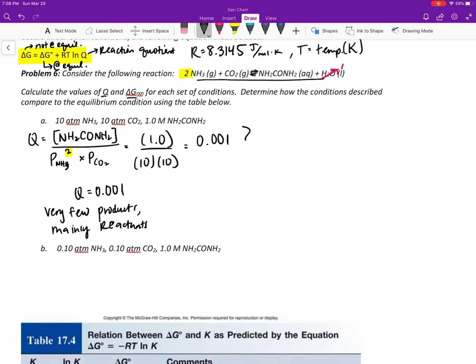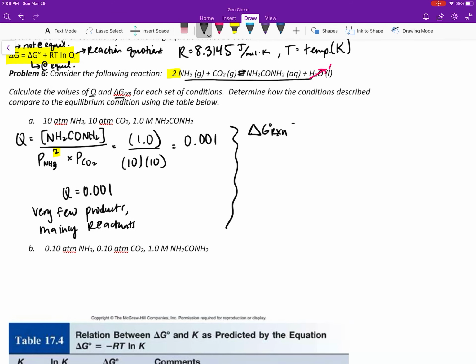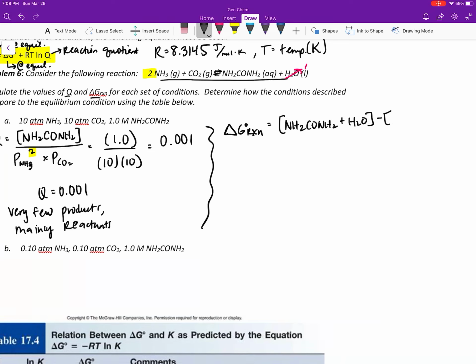So let's look at delta G. With the delta G values, you need to look them up in the table, and I've looked up those in the back of the book. We're going to add the products and then add up the reactants, making sure to multiply ammonia's value by 2. The value that you should get is negative 13.6 kilojoules.